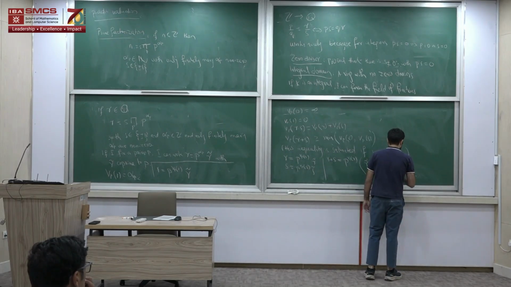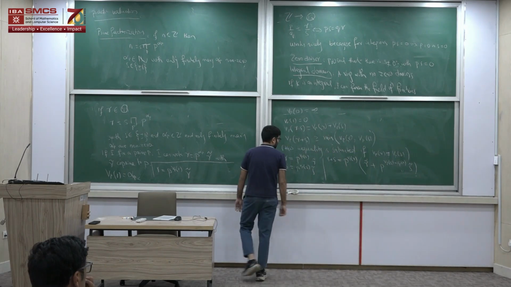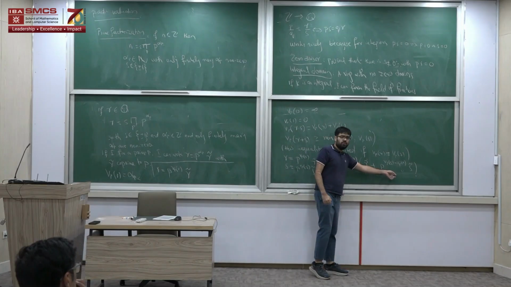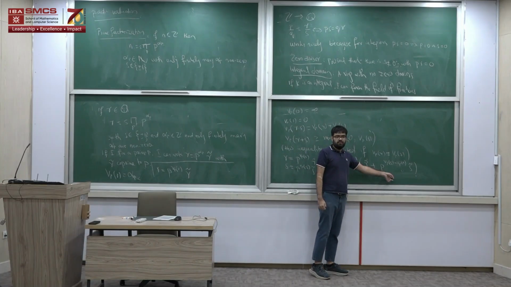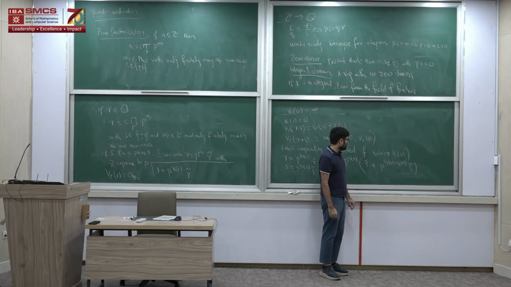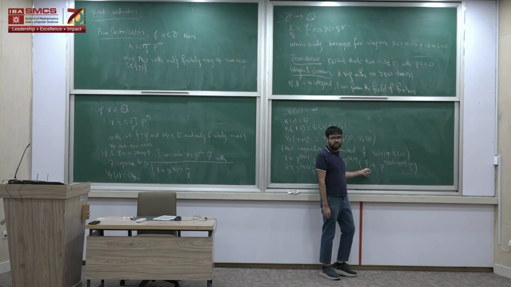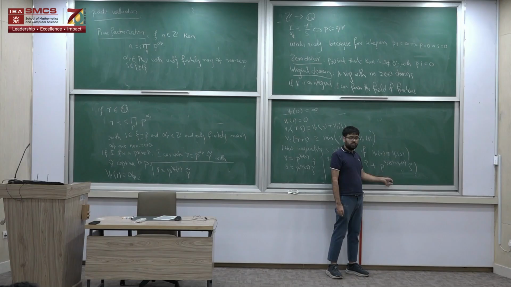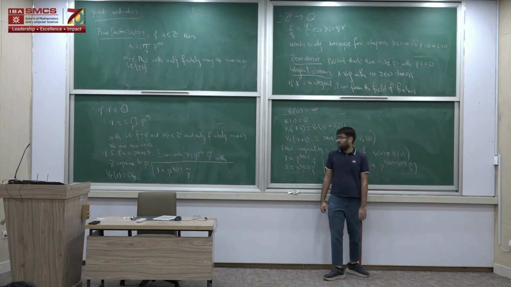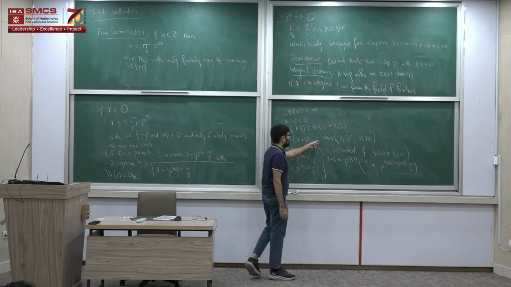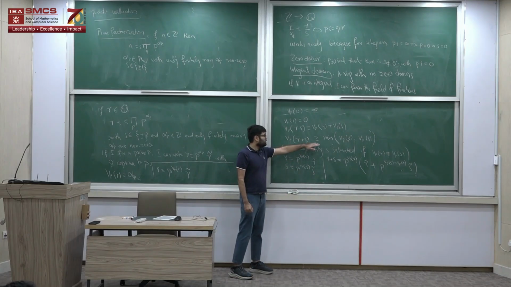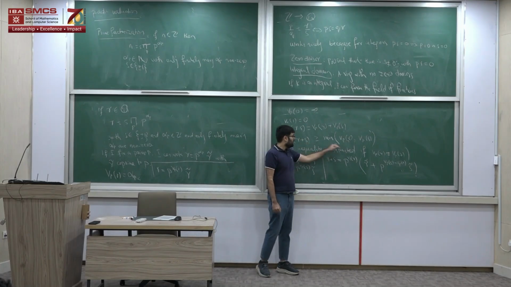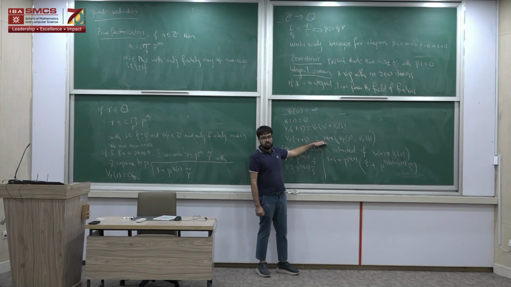Now I can figure out what kind of factors of p this can have. What I know is r tilde has no factors of p, and if these two are not equal, the second term has a factor of p. So the total thing can't have a factor of p. This is why, if they are not the same, this inequality is saturated.